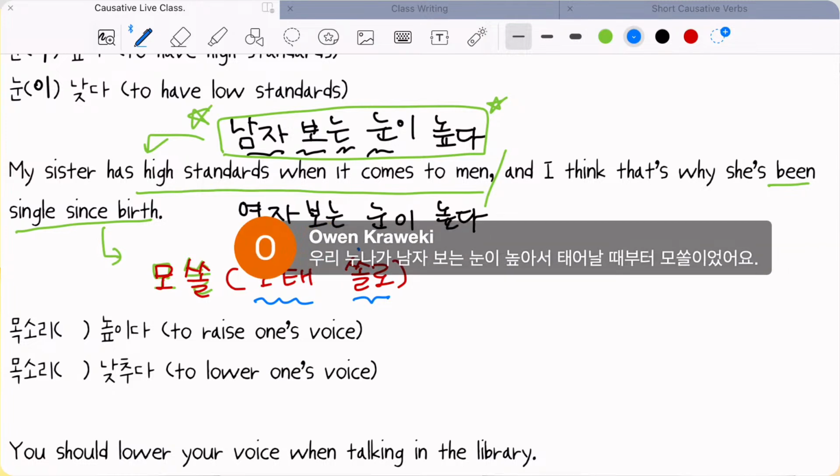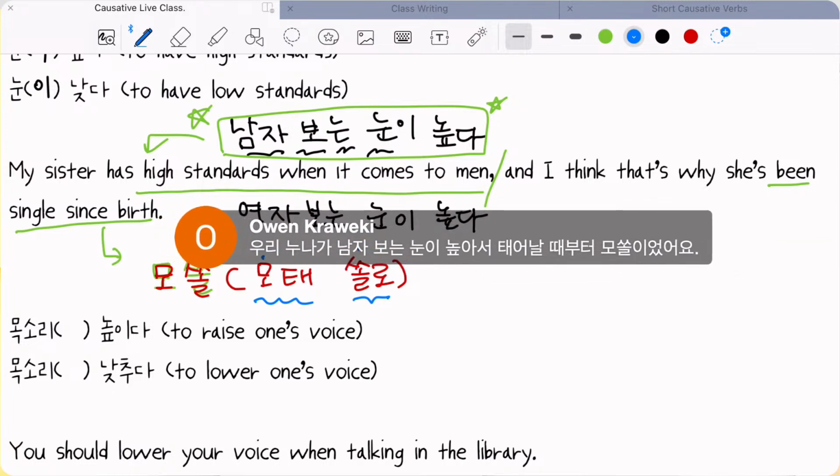오웬님이 이렇게 썼어요. 우리 누나가 남자 보는 눈이 높아서 태어날 때부터 모쏠이었어요. Okay, this is a perfect sentence. 맞아요. 우리 누나가 남자 보는 눈이 높아서 태어날 때부터 모쏠이었어요 해도 되고요. You can also simply just say 눈이 높아서 모쏠이에요. Because the word 모쏠 already implies that you've been single since 태어날 때부터, since birth, ever since you're born.